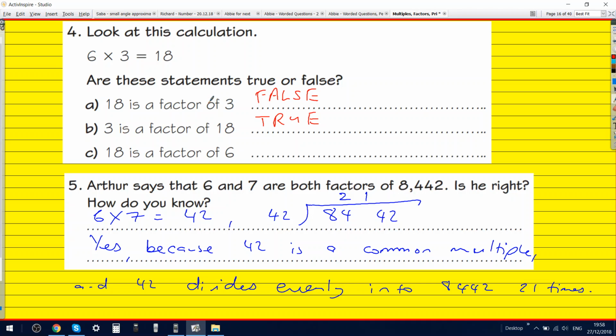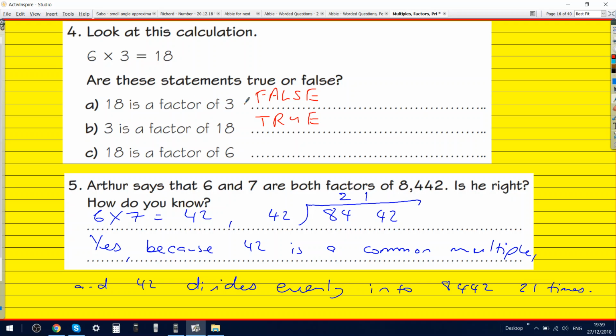Well, if it was 3 is a multiple of 18, that would be true. It was false because a factor is always smaller.